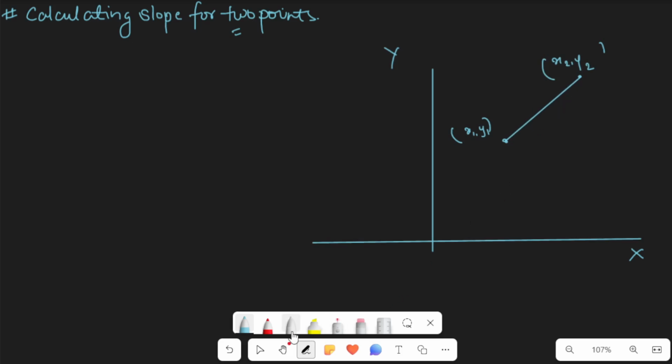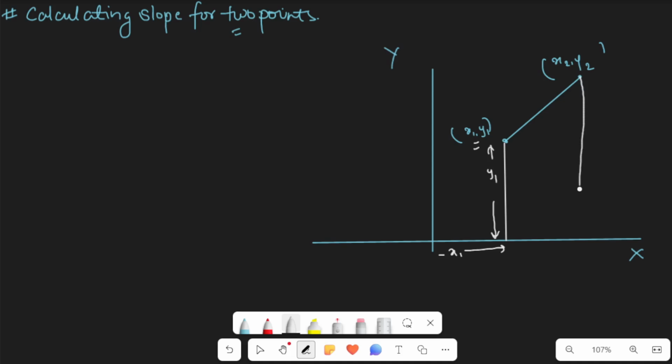Now we can see that since this point is x1, y1, this value is nothing but x1, and this value is y1, right?